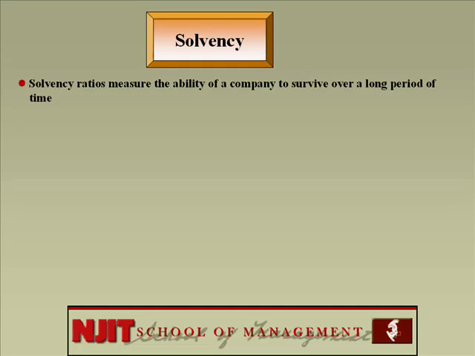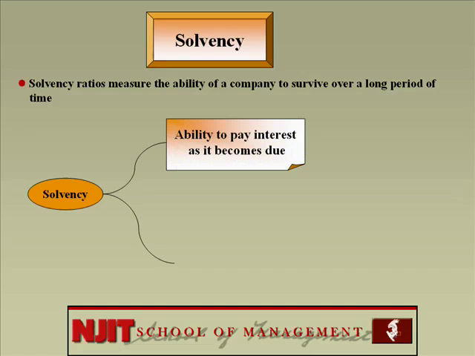Solvency is determined by two ratios. Before I come to the ratios, there are two criteria which determine solvency. First, the ability of a company to pay interest as it becomes due.